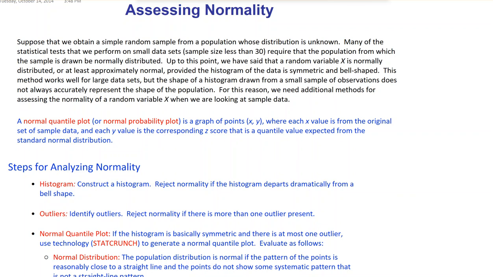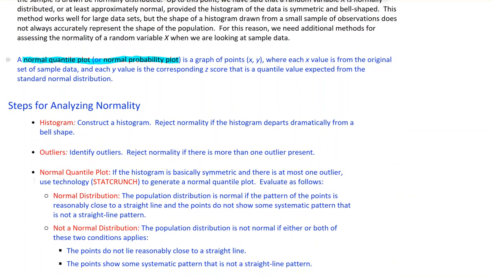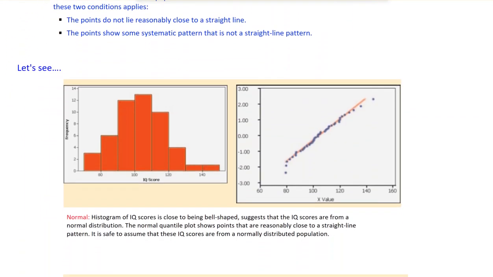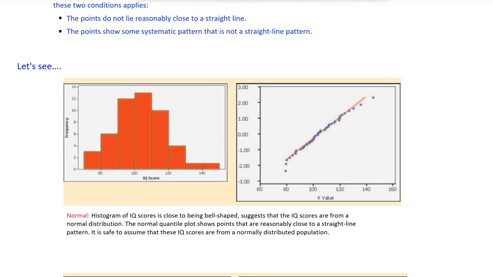So we're going to talk about this normal probability plot, which in StatCrunch for us is going to be called a QQ plot. So this normal probability plot or a normal quantile plot is what we're looking at. We're going to draw this normal plot, but I want you to notice what the histograms are looking like next to it.